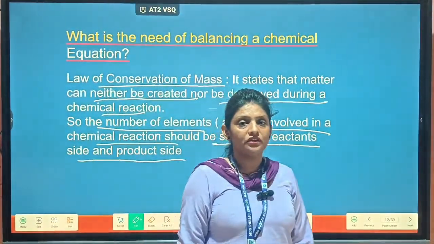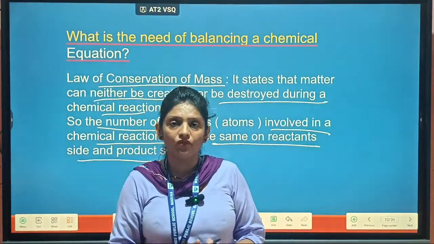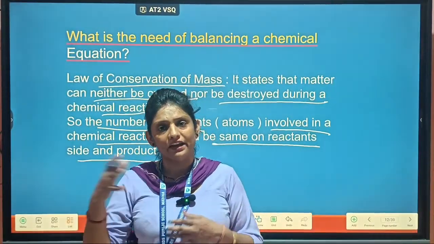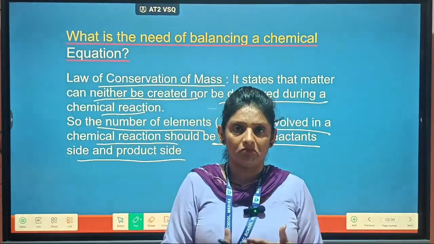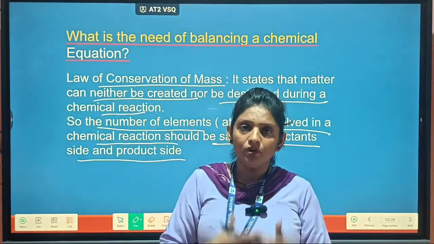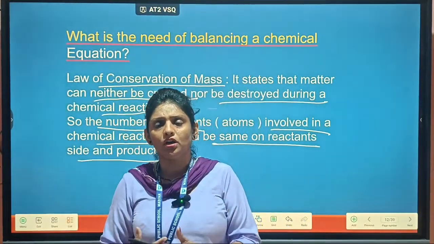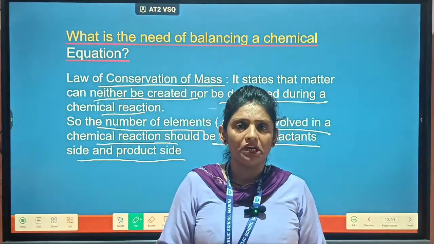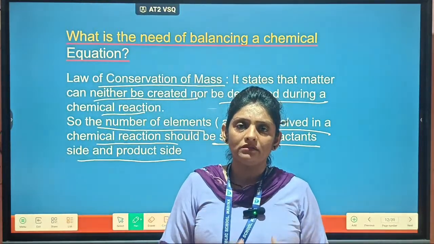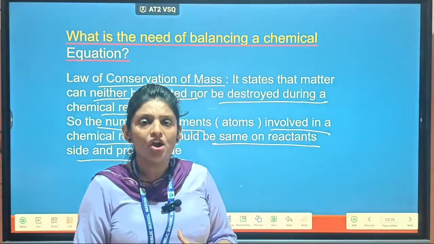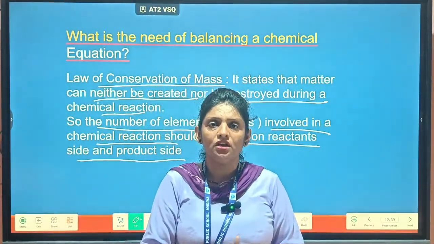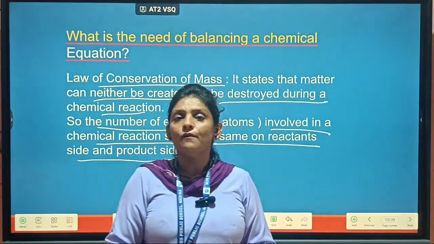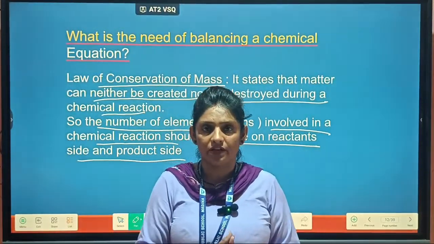So due to the law of conservation of mass, the number of atoms, molecules or ions inside the reactants and inside the products should remain the same, and the chemical equation in which the number of atoms, ions or molecules in reactants and products are the same is known as a balanced chemical equation. First question, why do we need to balance a chemical equation? Due to the law of conservation of mass, because the law of conservation of mass states that the total mass of the universe is constant. It is conserved.